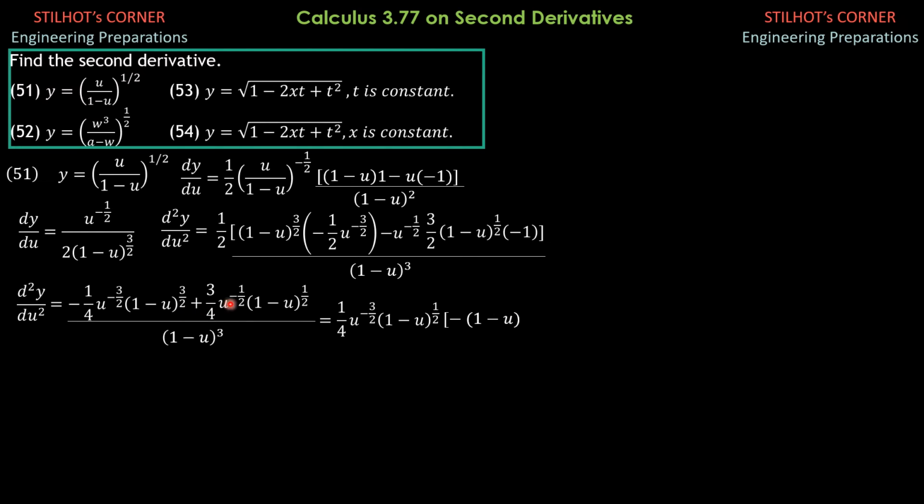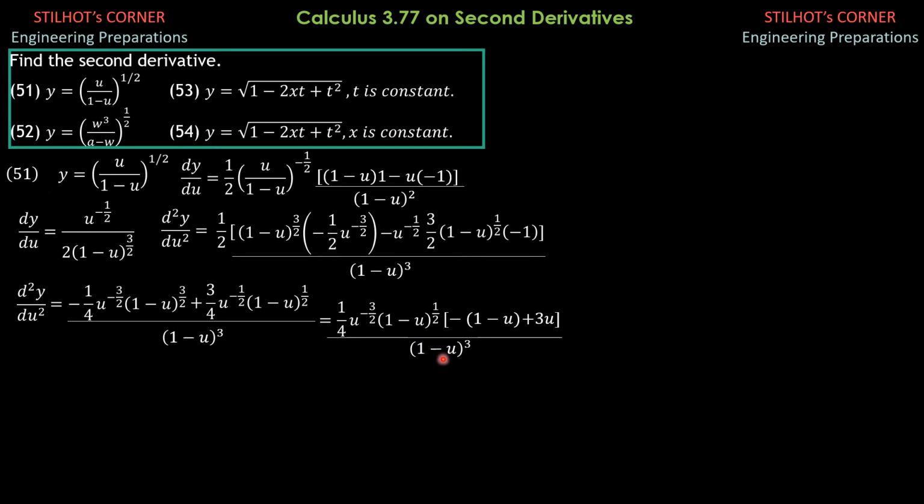Then for the second, it's positive 3, then u, positive 3 only, because this is already factored out. And u to the negative 1/2 is u to the negative 3/2 times u. Then all over 1 minus u quantity cubed.